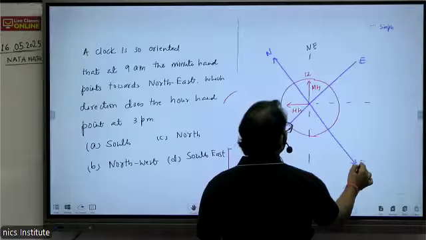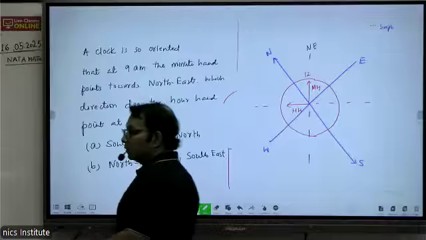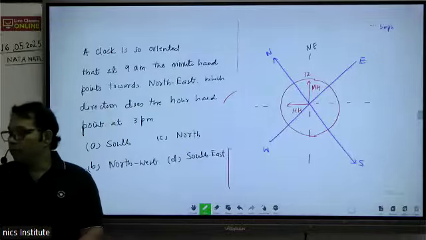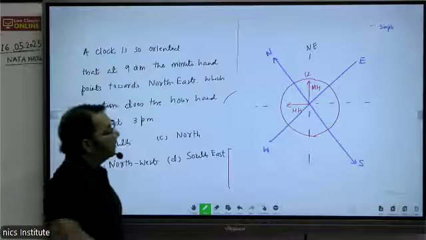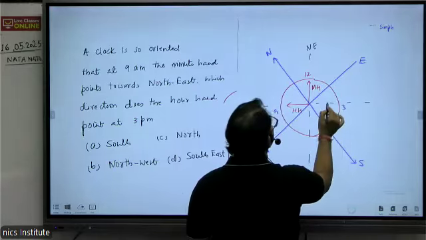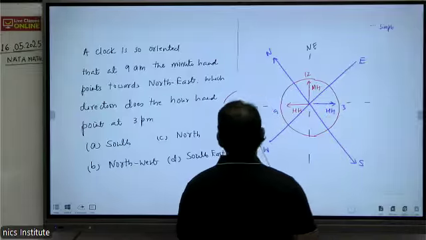So these are the directions. Now 3 p.m. means the hour hand would be here. So this is southeast.